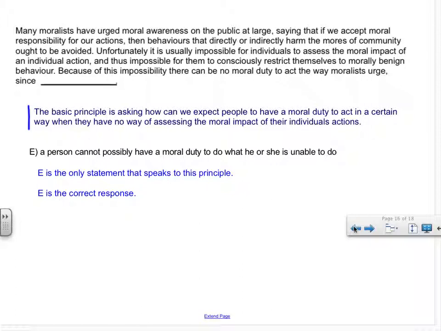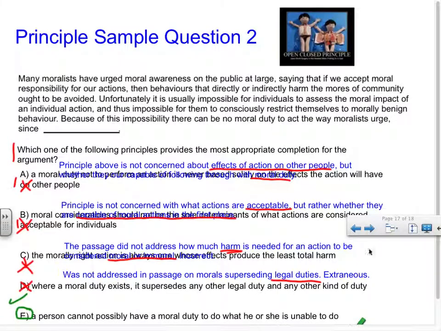So E is the only statement that speaks to this principle, and E is our correct response. So just to summarize, E was the final correct response for principle sample question 2.